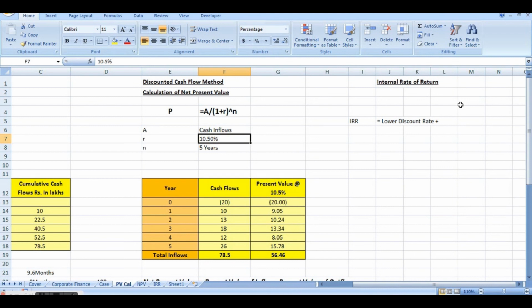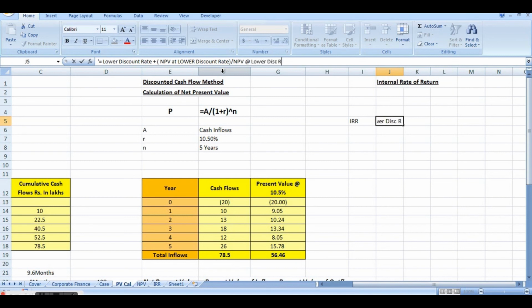So lower discount rate plus NPV at lower discount rate divided by NPV at lower discount rate minus NPV at higher discount rate.